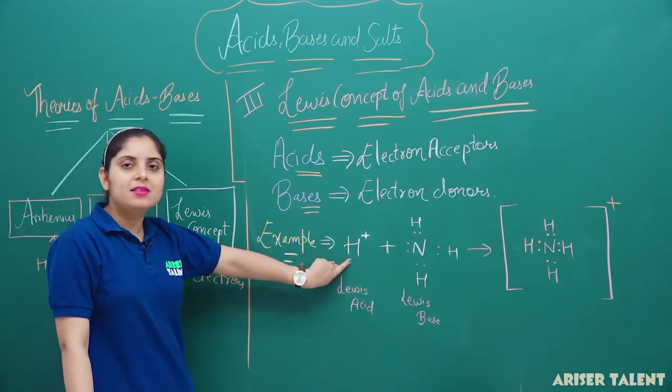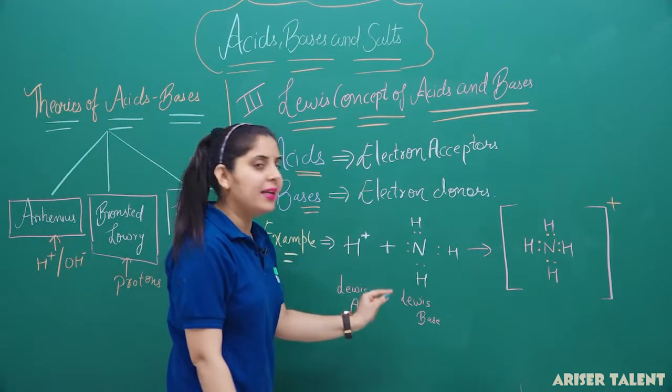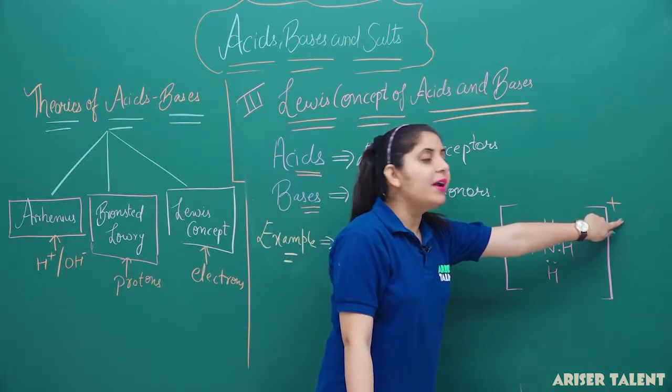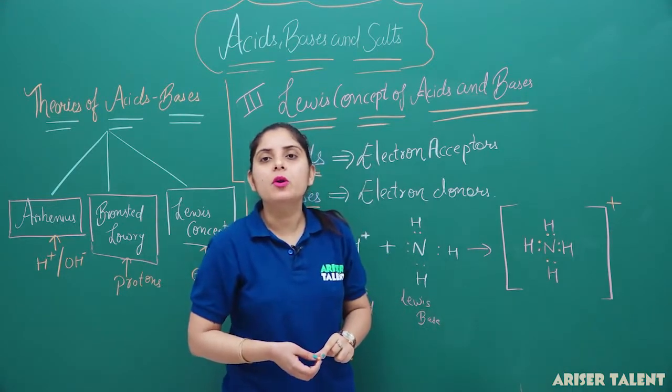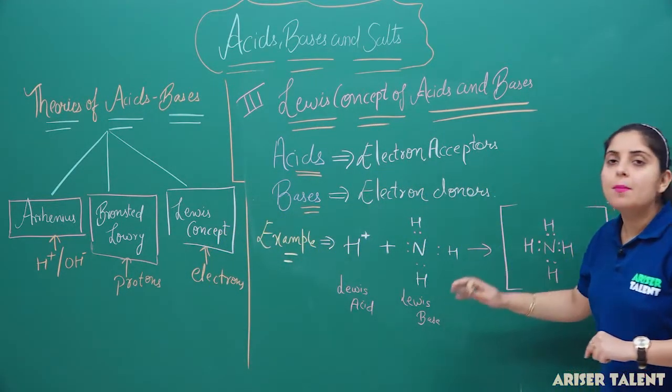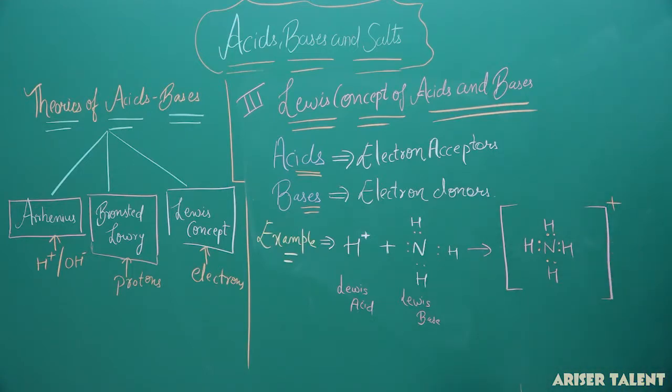H+ acts as a Lewis acid and ammonia acts as a Lewis base. These both will combine and have an entire positive charge on the compound because they are taking an electron pair from it. So we can say that this compound is formed from the Lewis acid and the base.